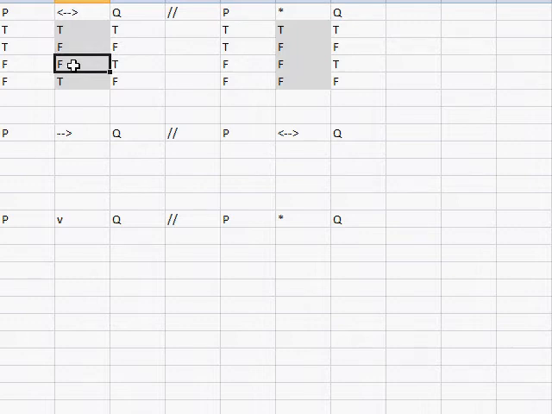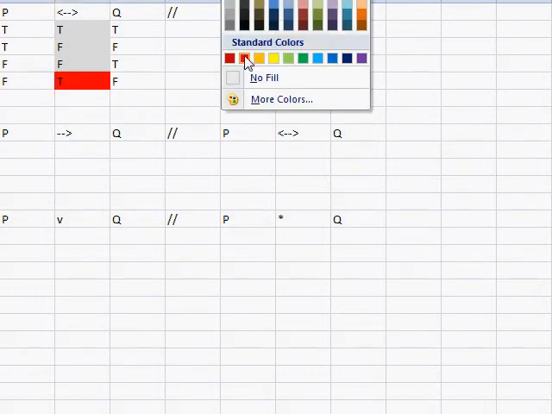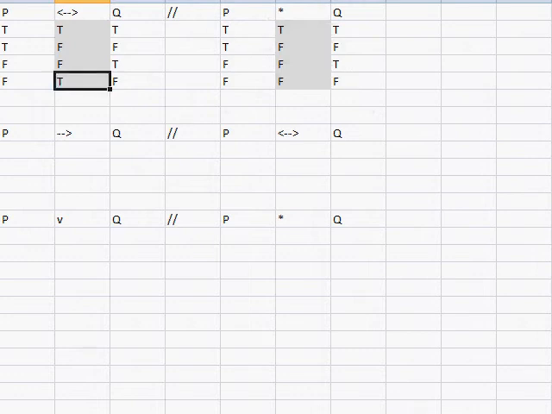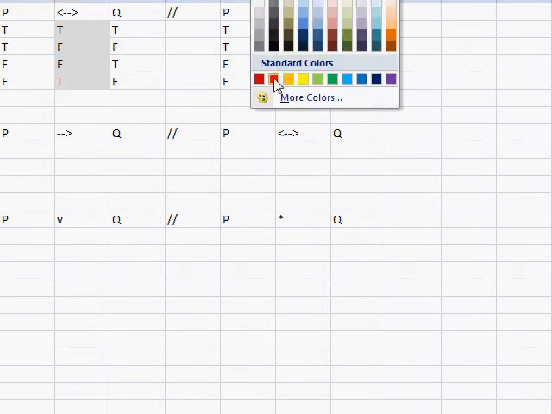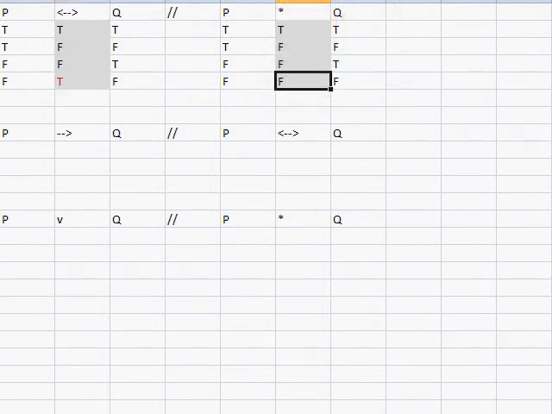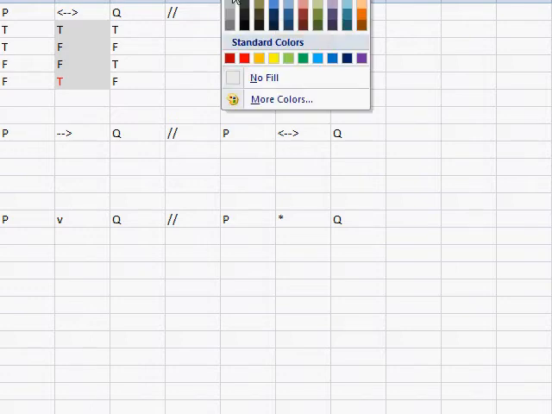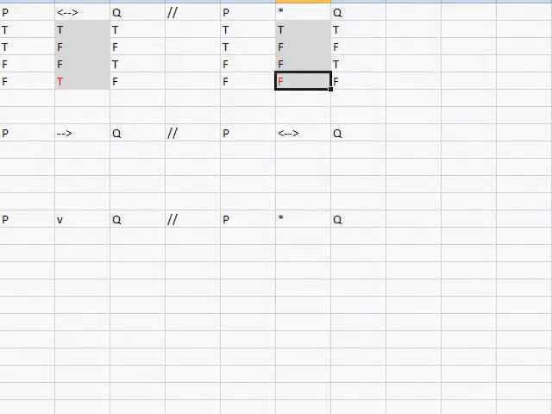Right here the premise is false, so we can just skip the conclusion. Right here the premise is true and the conclusion is false. So right there we have our counterexample. The premise is true and the conclusion is false. And that means that the argument is invalid.